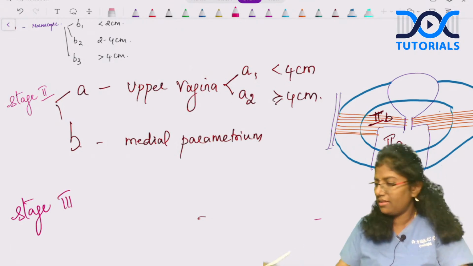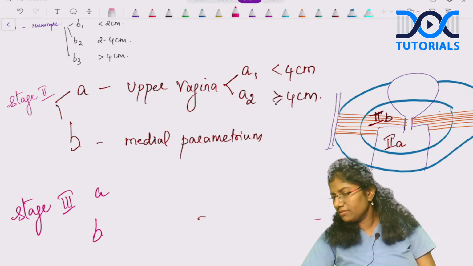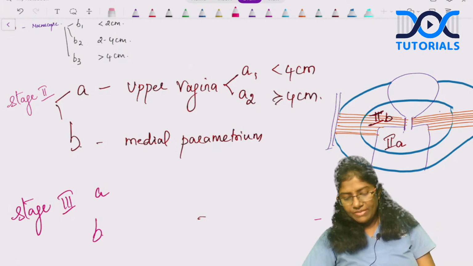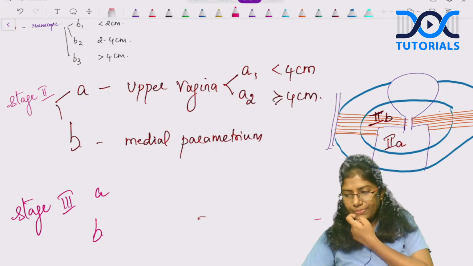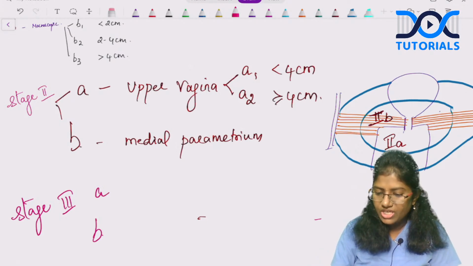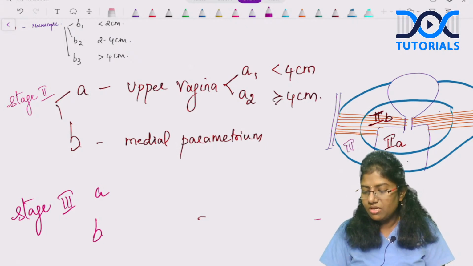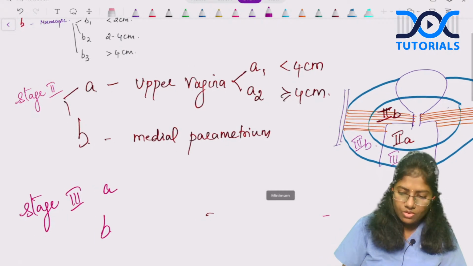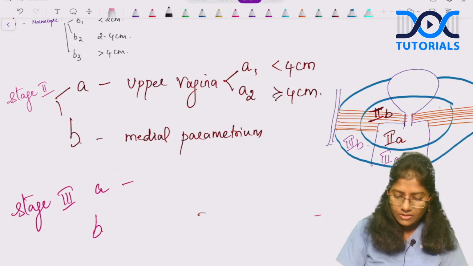Guys, tell me what is 3A and 3B. Are you people following me? Okay. 3A is involvement of lower vagina, and 3B is involvement of lateral parametrium.